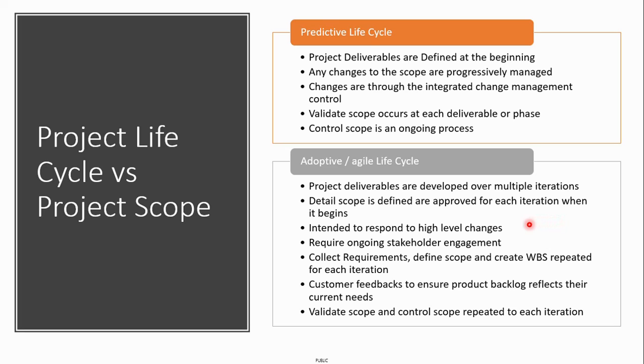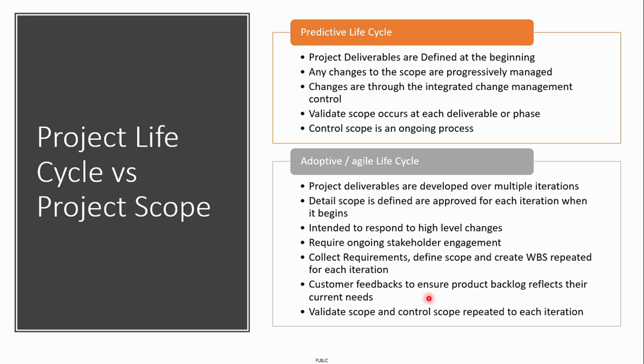So as you know, an agile life cycle or the iterative life cycle of project management will include greater stakeholder engagement, where at the end of each iterative cycle, the stakeholders will be shown a workable prototype of the product.